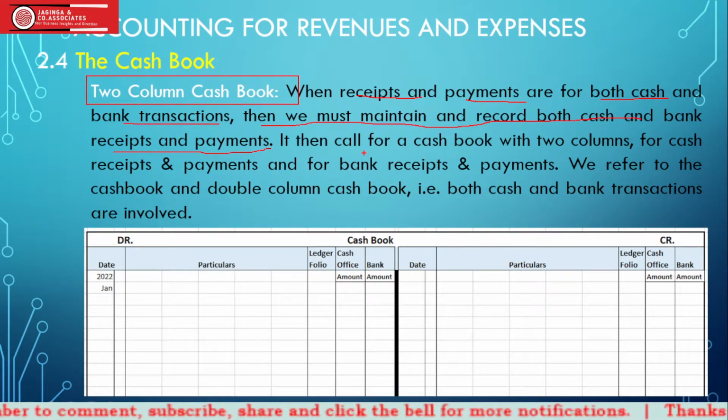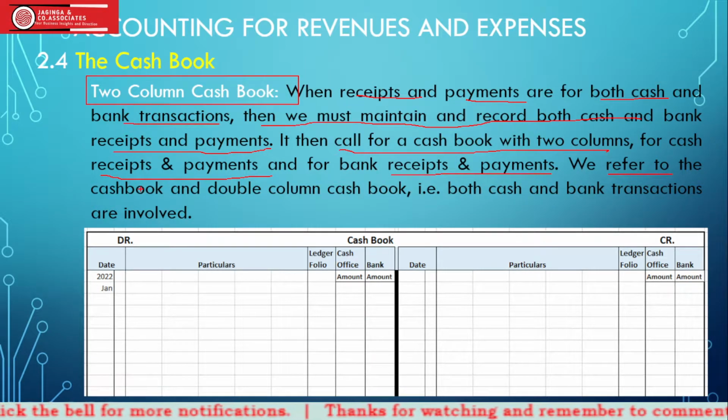It then calls for a cash book with two columns for cash receipts and payments, and for bank receipts and payments. We refer to the cash book as a double column cash book, i.e., both cash and bank transactions are involved.